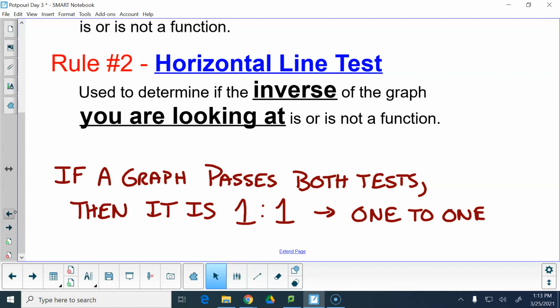Where you're going to use this in the near future is, I've seen your final. There is a one-to-one question on your final. So in the near future, that's where you're going to go for.